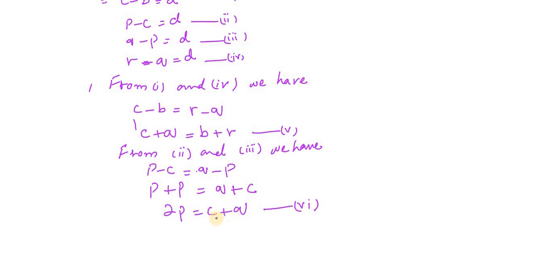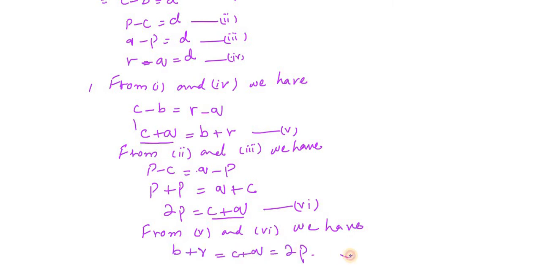So by comparing the value of C plus Q from 5 and 6, we have B plus R is equal to C plus Q is equal to 2P. This is what we have to prove.